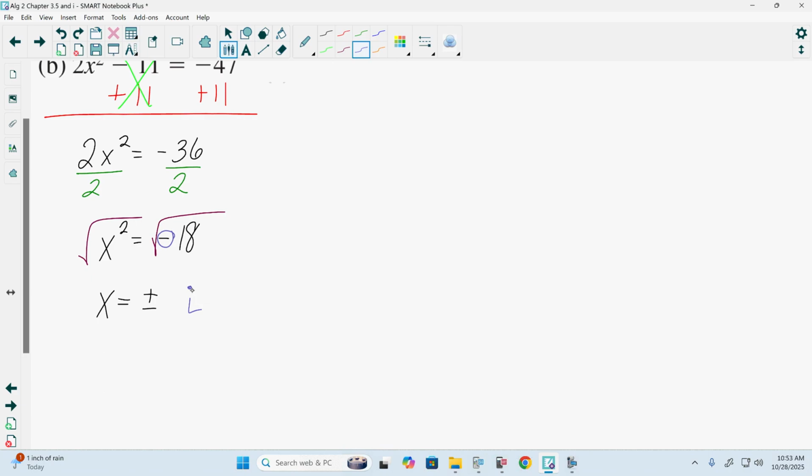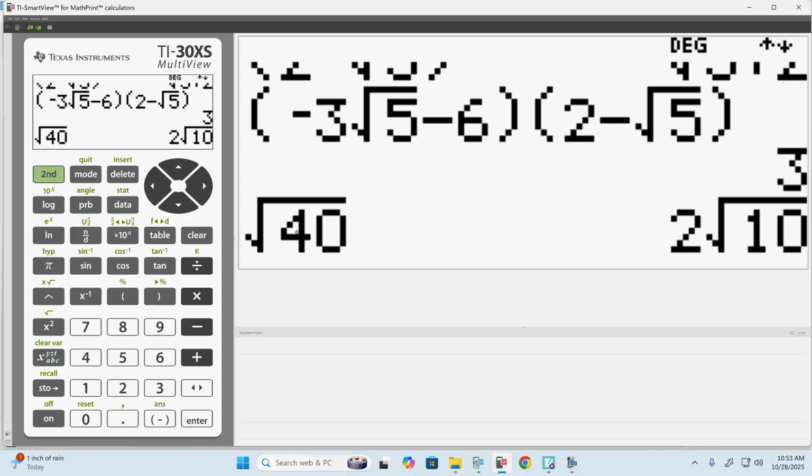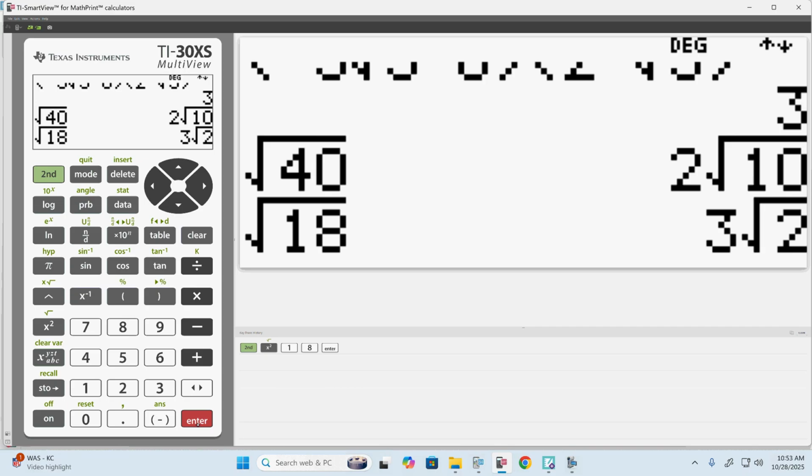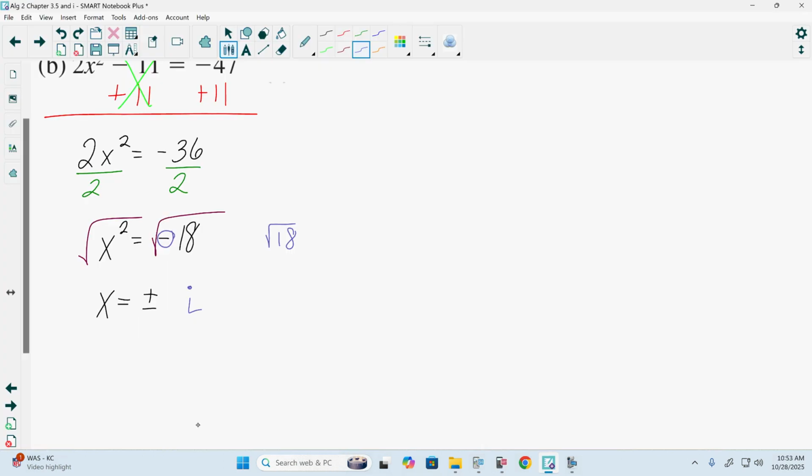We know that for a fact. And what that leaves us with is the square root of 18. And knowing that is nice, because square roots, the 30XS, the yellow calculator will do square roots nicely every single time. So I can ask it to find the square root of 18. It tells me it's 3 square roots of 2.